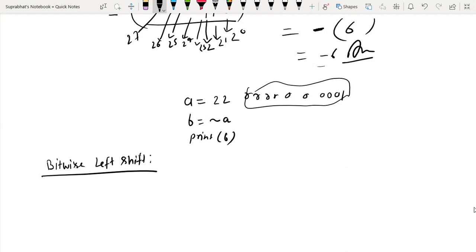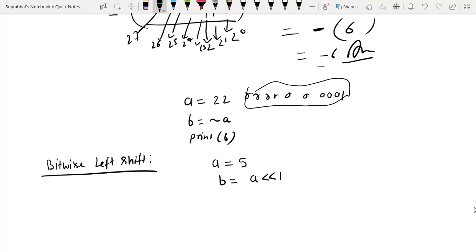So be attentive, see how it works. See it carefully. Bitwise left shift. As you know, it works on bit level. Now is everyone clear? If I am taking a equals to 5, now I am applying bitwise left shift, that is, a left shift 1.